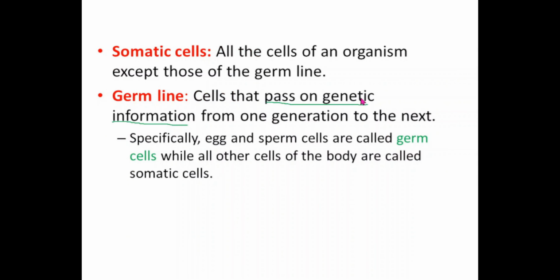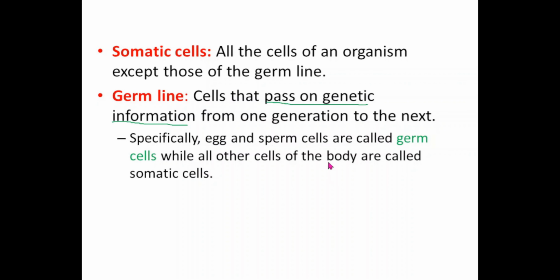Somatic cells are all the cells of an organism except those of the germ cell line. There are two major kinds of cells: somatic cells and germ cells, or germline. What is germline? Cells that pass on genetic information from one generation to the next.